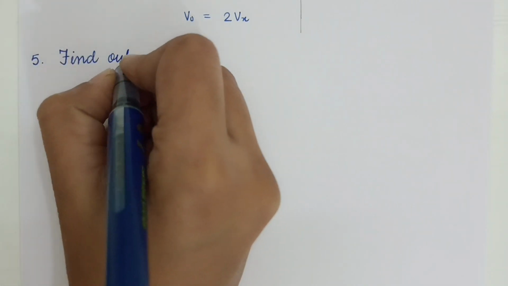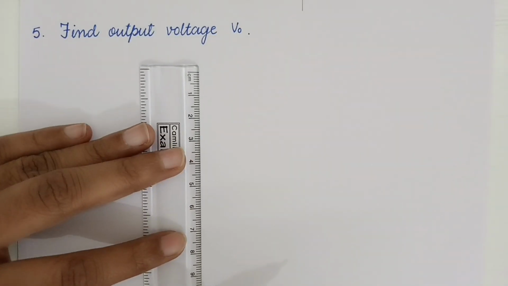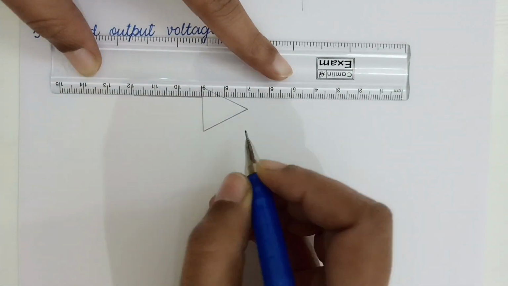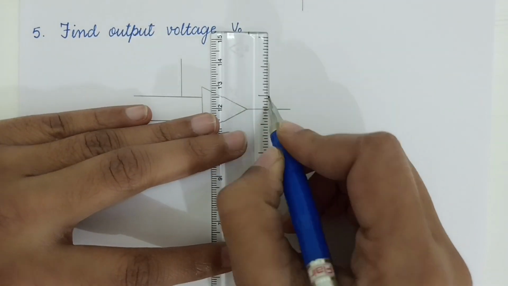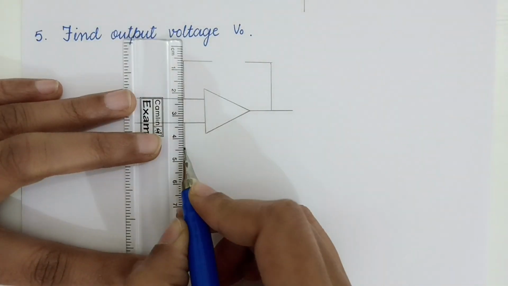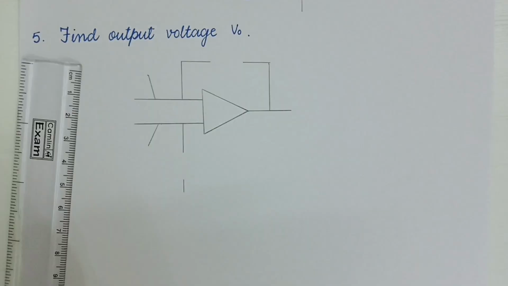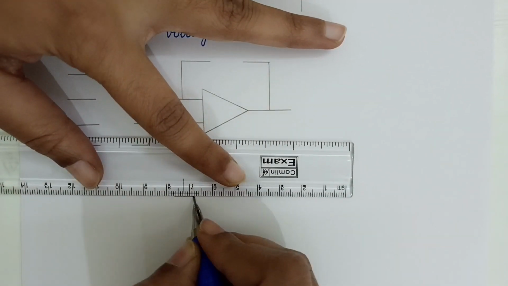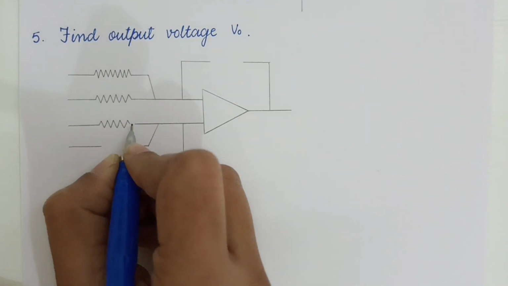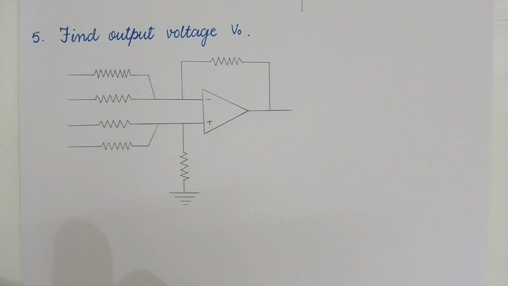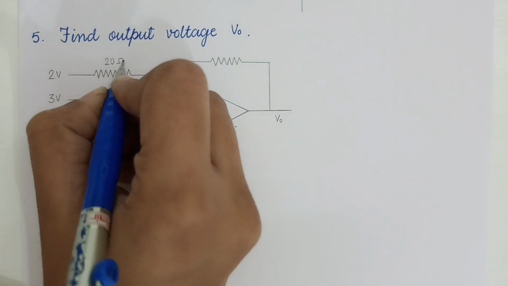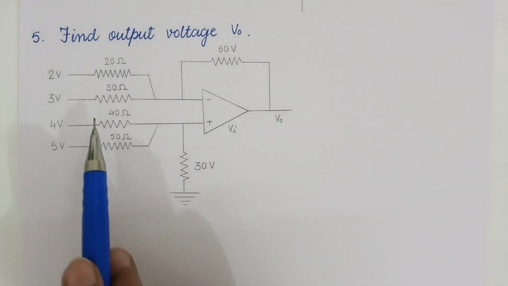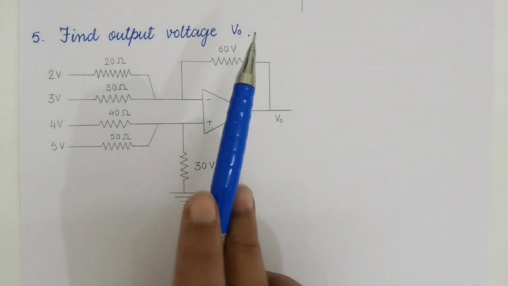Now let's take a more complex question. Here in this question, we have 4 resistances on this side, one is grounded and the other one is used as feedback.